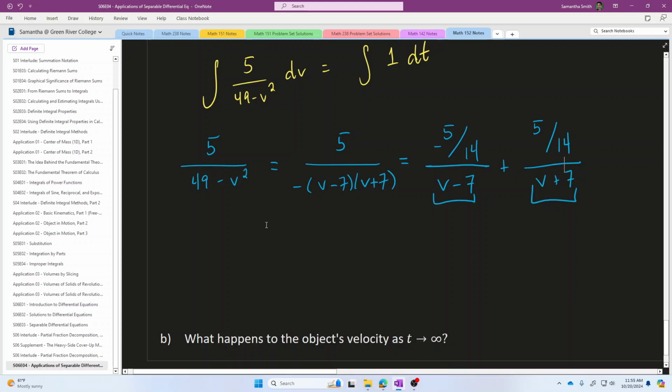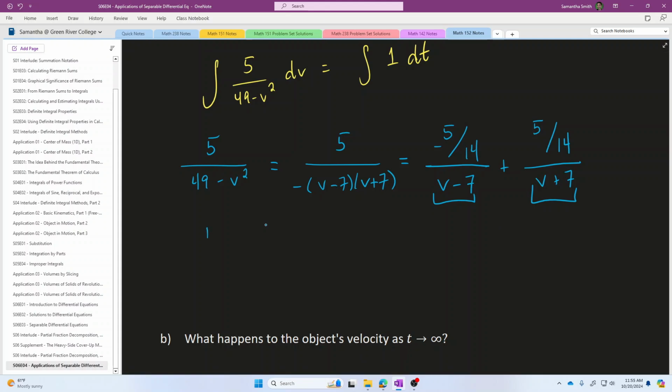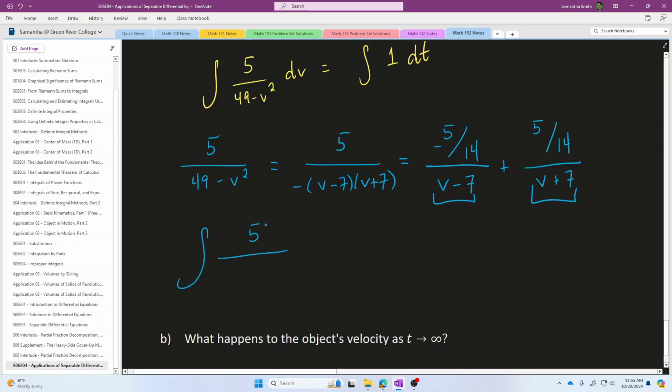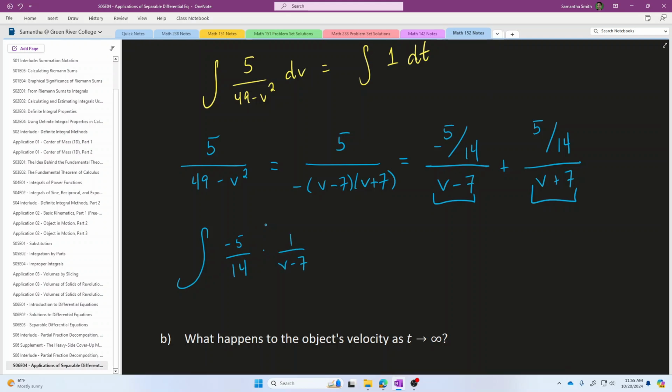And so partial fraction decomposition allows me to rewrite this complicated expression on the left as the sum of negative 5/14, 1 over v minus 7, and positive 5/14, 1 over v plus 7.